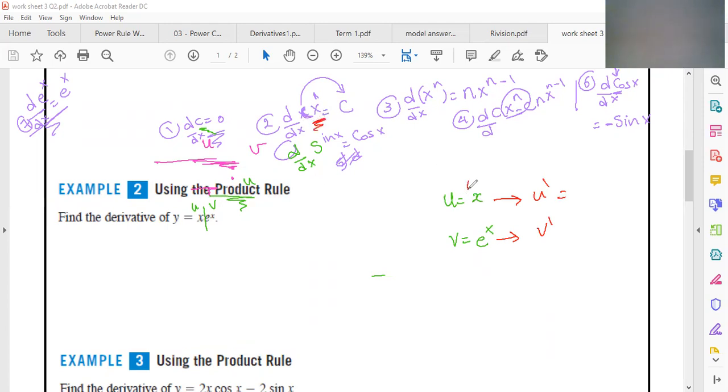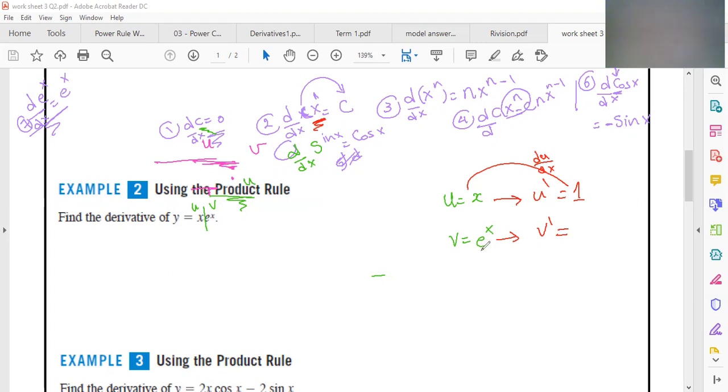It will be the coefficient, which is 1. Or dx by dx, it means 1. I find du by dx. The derivative of any term with respect to itself gives you 1, okay?